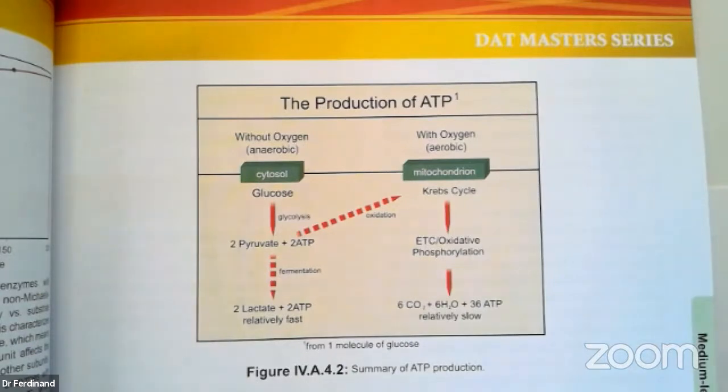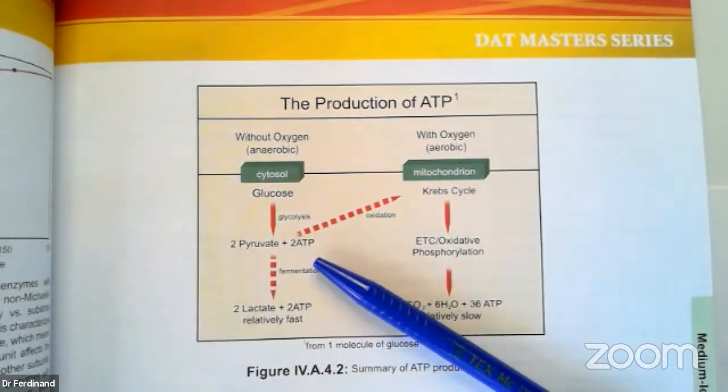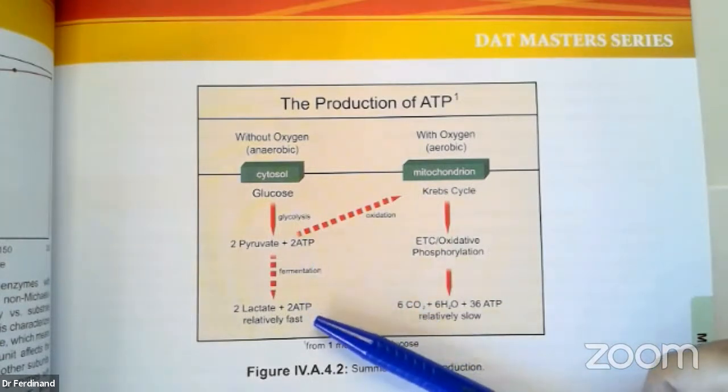So we get 2 ATP per molecule of glucose through the anaerobic pathway, and this is the final product.